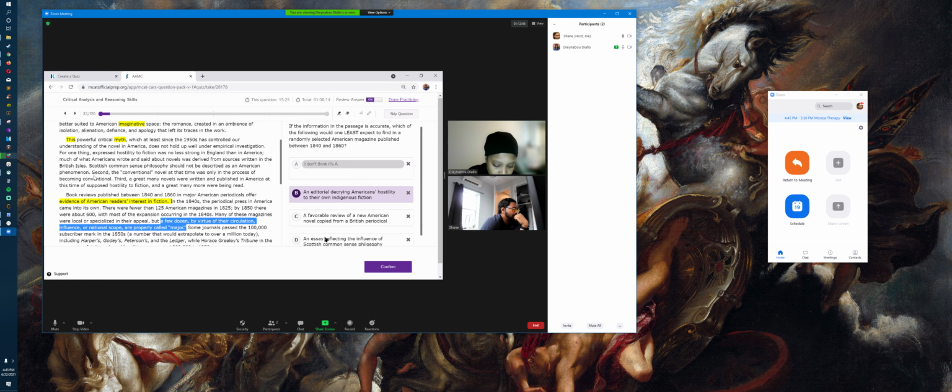Evidence. Least expecting. Okay. Just because we're running out of time, let's think. Least expect to find in a randomly selected work from 1840 to 1860.